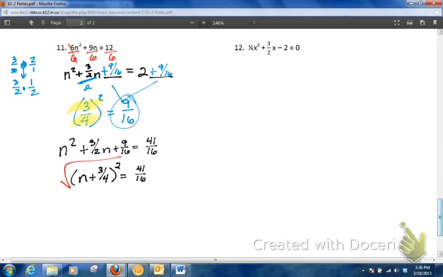Take the square root of both sides. N plus 3/4 equals plus or minus. And in this case, again, my denominator is a perfect square, so I'm going to just rewrite square root of 41 over 4. Square root of 16 is 4. Square root of 41 cannot be reduced, so you're left with that.